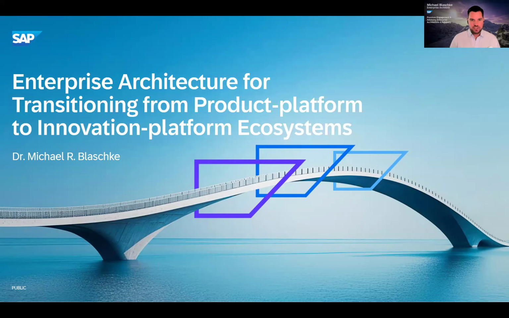So you recognized the bridge on the cover slide. Like this bridge in the image, an enterprise architecture capability connects two different business worlds safely, systematically and reliably. EA in today's presentation provides the capability needed to navigate this transition without losing existing business strength.